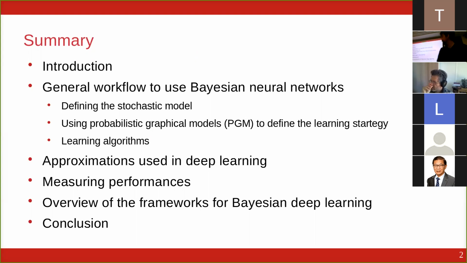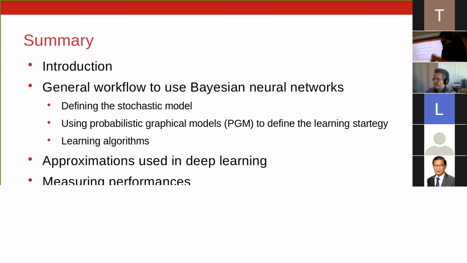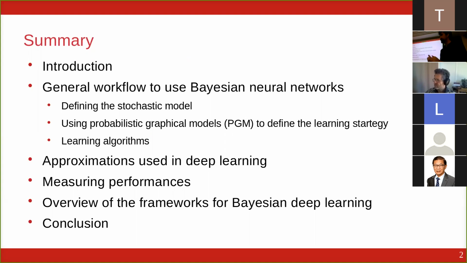Then I will present a general workflow to use those Bayesian neural networks, from defining the model, defining the learning strategy, and which kind of learning algorithm you can use. Then, as Bayesian neural networks were more derived for shallow and small architectures, they are not so well scaled for the big models used in deep learning today.